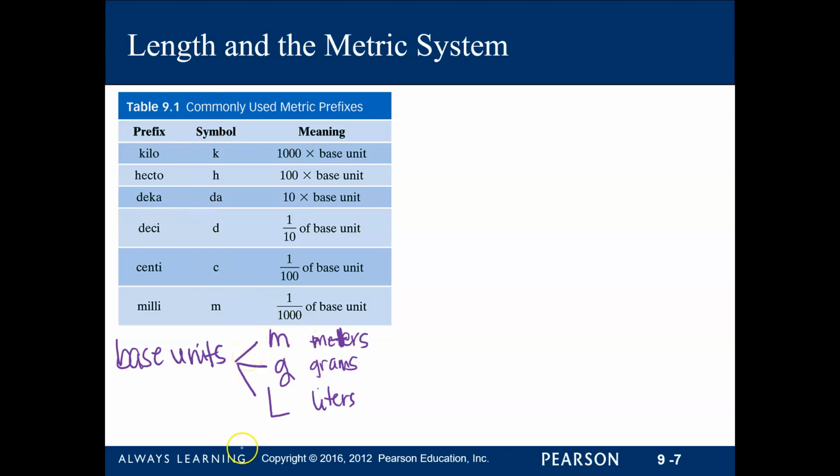Now, for us to easily remember the order of these prefixes, you can simply remember the phrase King Henry died, okay, and then drinking chocolate milk, okay? I just had to simplify the word chocolate here, okay?